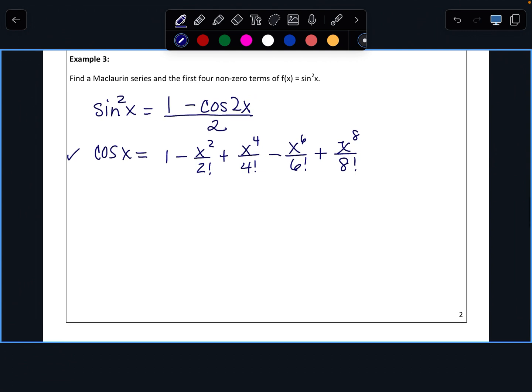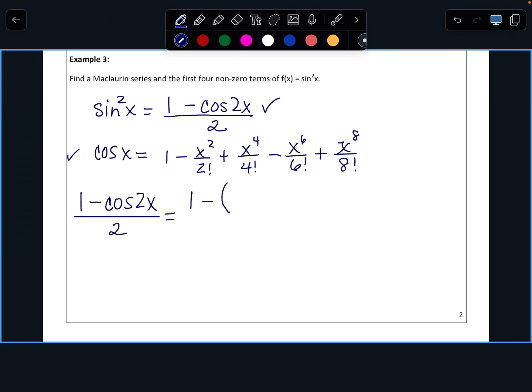Now I want 1 minus cosine 2x, because that's equal to sine squared. This is actually a pretty simple approach. So I've got 1, and then I'm going to subtract the quantity.